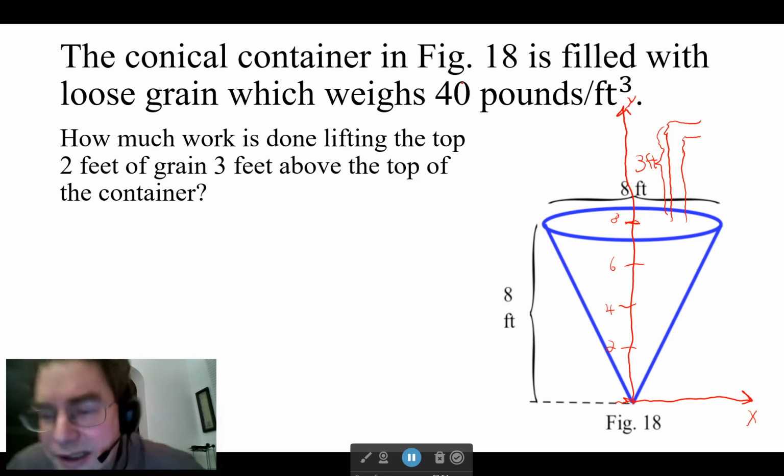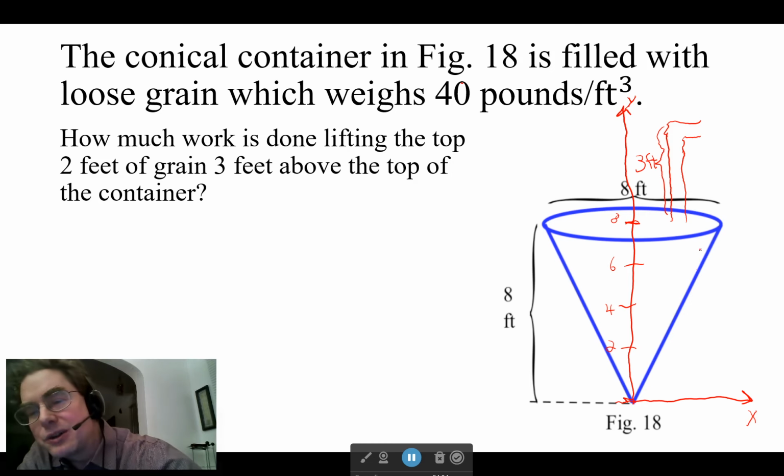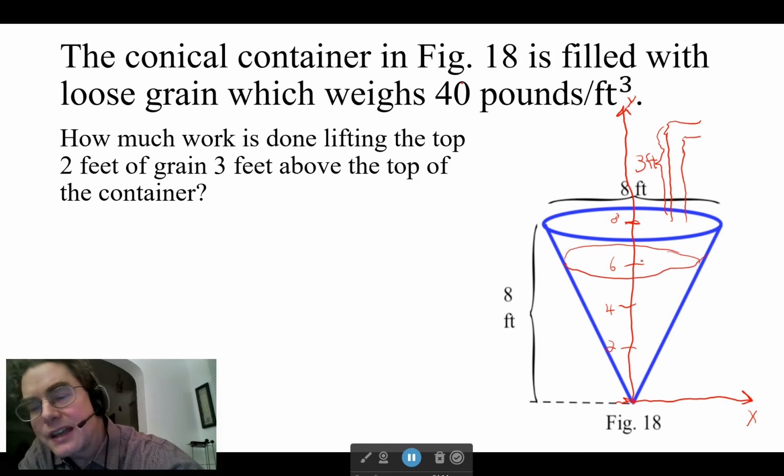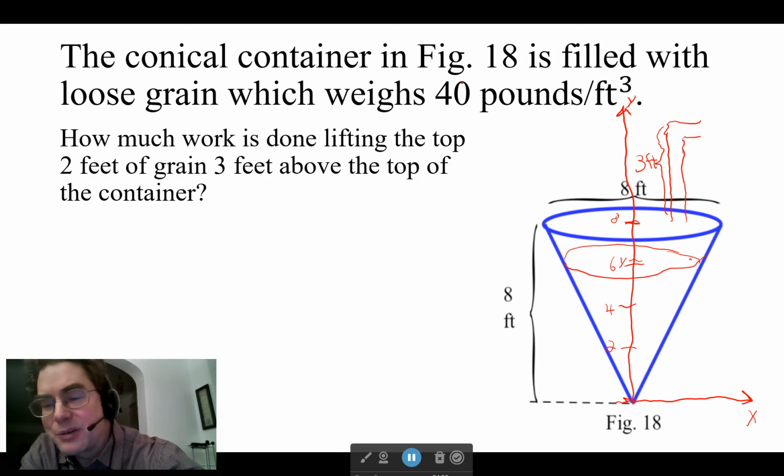Okay, so let's take a look now at a representative cross section of our grain here. Ultimately, we want to be thinking about a slab. I guess it should really be towards the top here. So I'm going to draw one, right around here somewhere, and we'll say that it is at height y. And that's supposed to be circular.